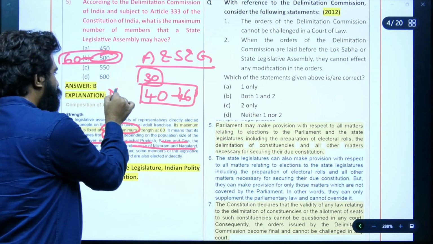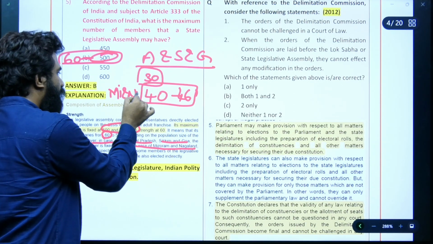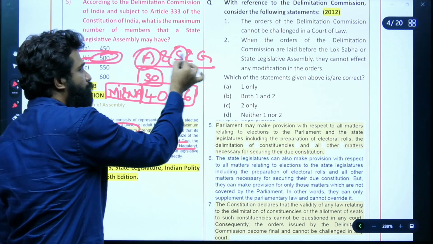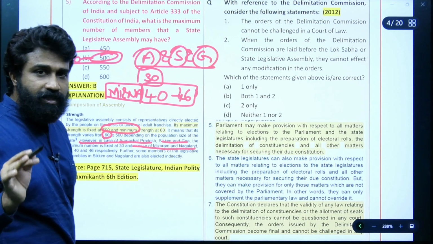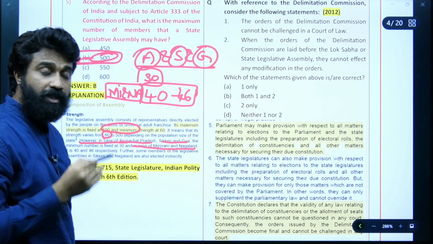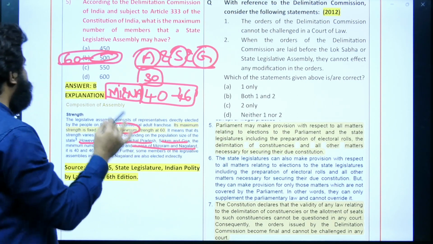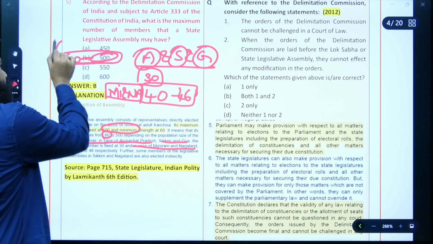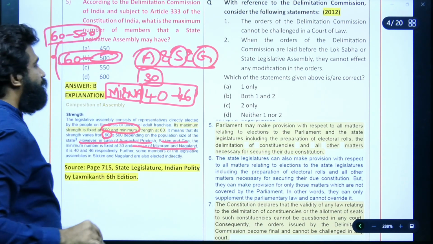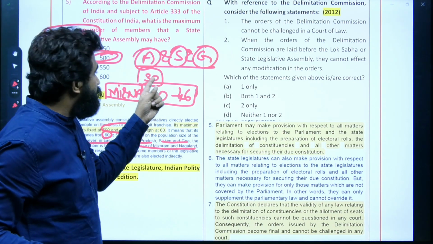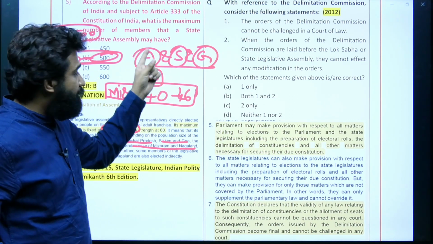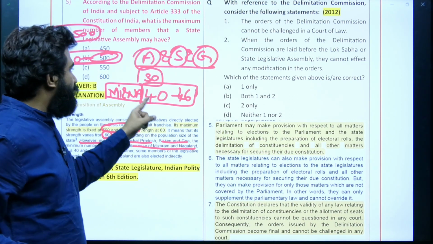Therefore, Mizoram and Nagaland, and also Arunachal Pradesh, Sikkim and Goa, are exceptions with respect to the range of seats they can have in the legislative assembly. The range of seats provided as per the constitution is 60 to 500, with these exceptions.